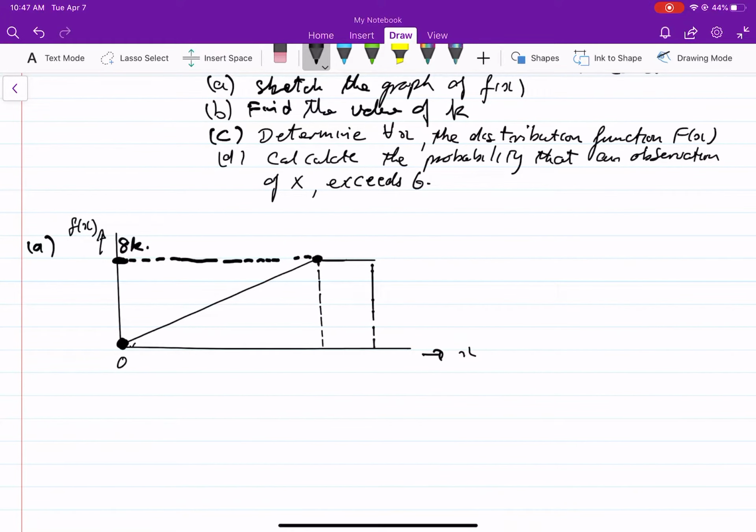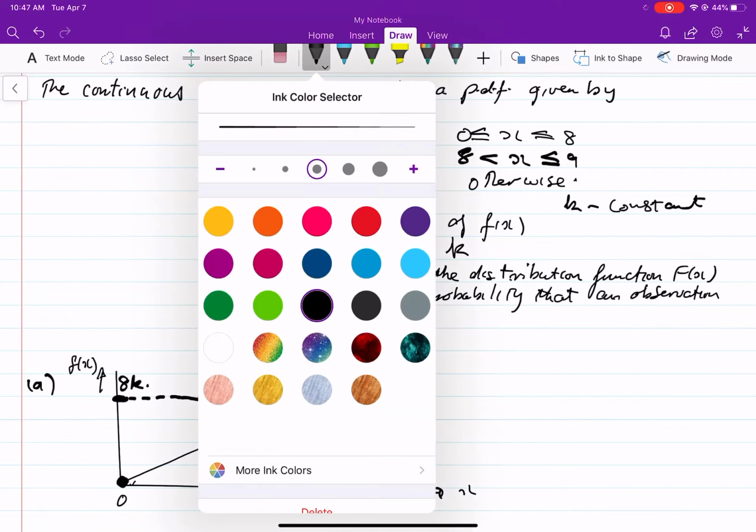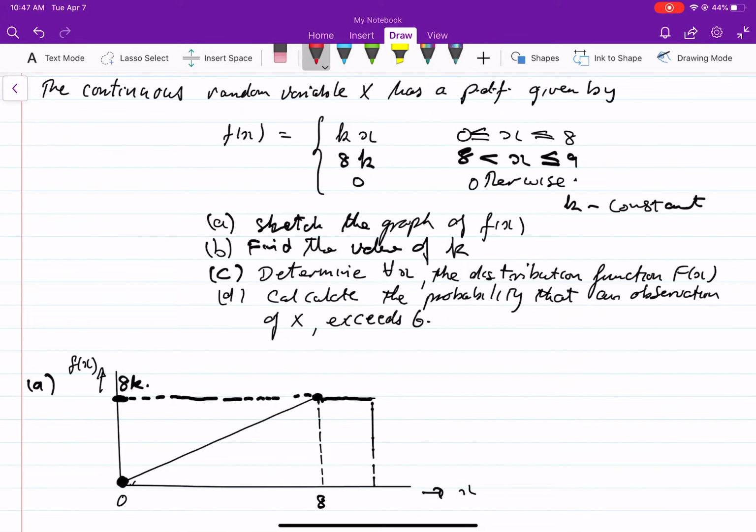And this is 8. And then between 8 and 9, the function is 8k. So that means it stays at that value of 8k. So let me draw the graph in a different color. All the others are guidelines, really. Let me erase this and erase that.